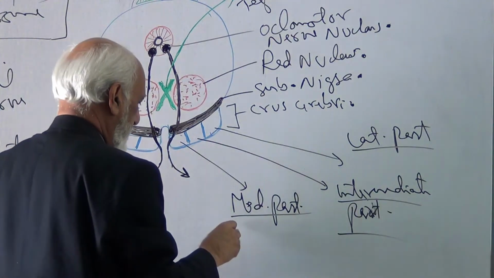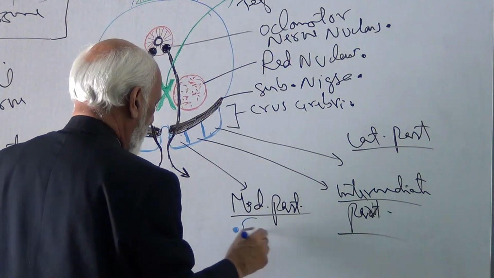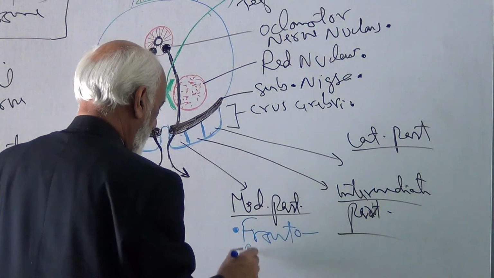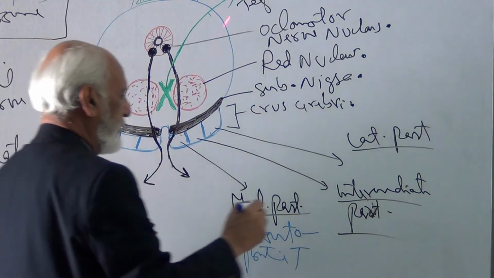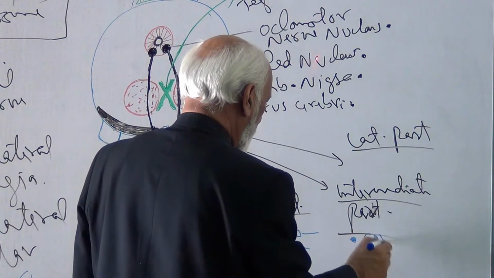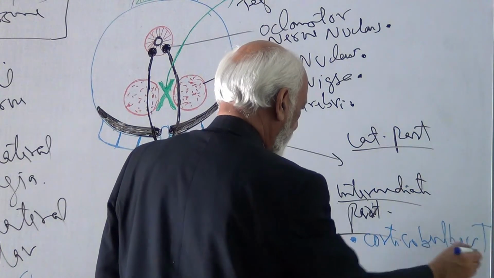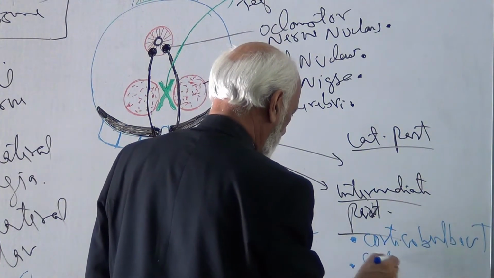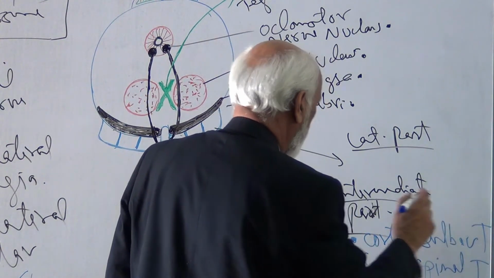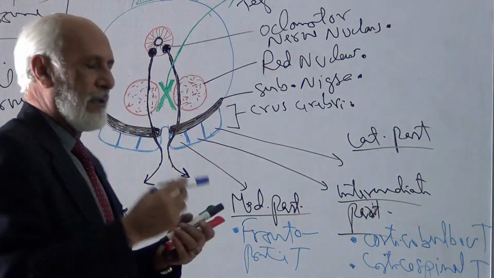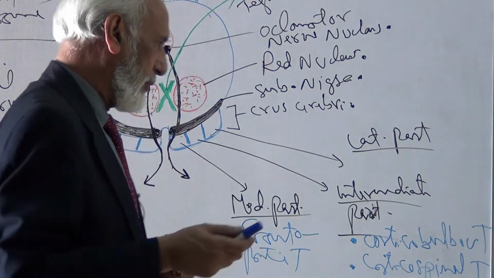In the medial part are frontopontine tracts, and in the intermediate part corticobulbar tract, corticospinal tract, and in the lateral part the tracts are parieto-pontine, occipito-pontine, temporo-pontine.